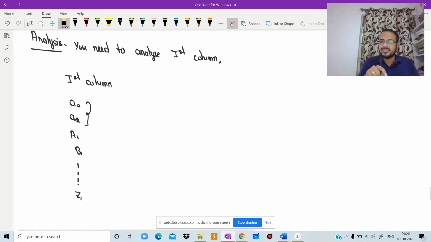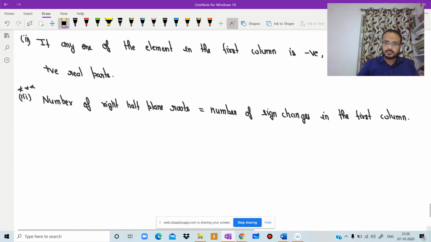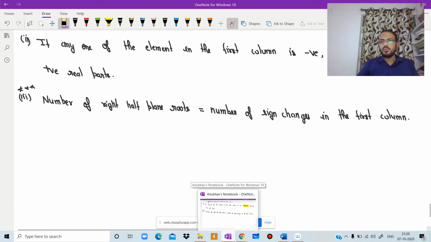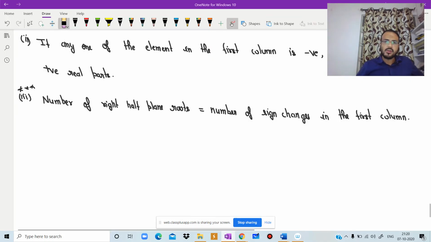This is the meaning of sign changes, positive to negative and again negative to positive. In so many books, they solved one question with the help of simple algebra. Then what is the use of this method? Is it clear? Very good.